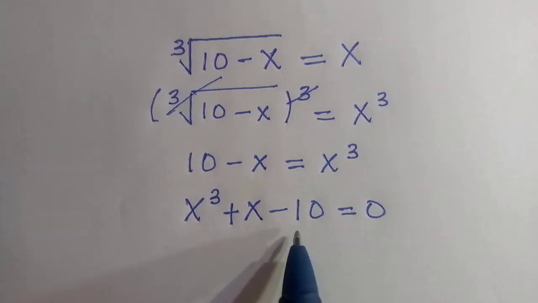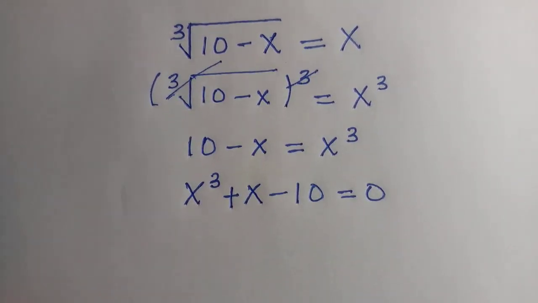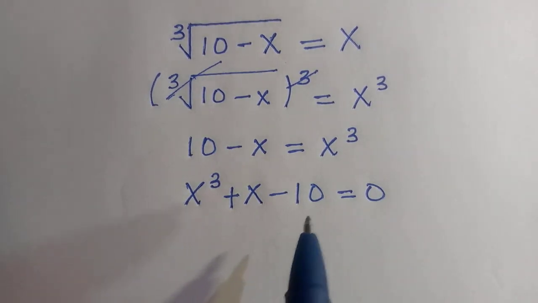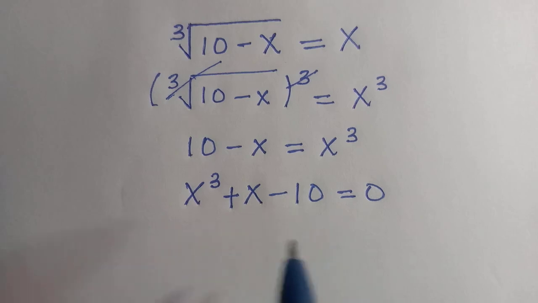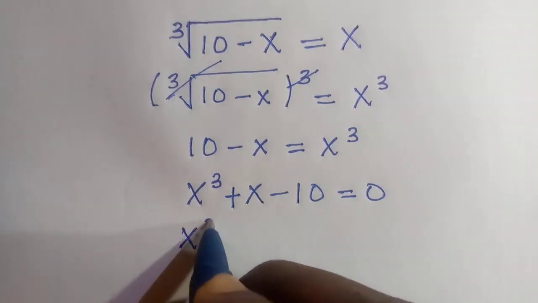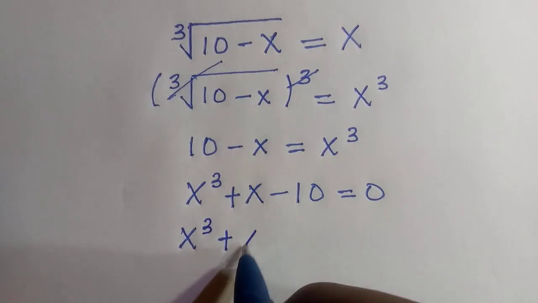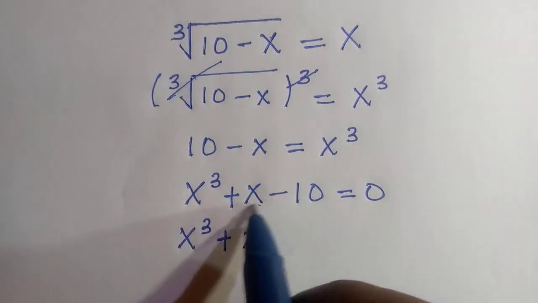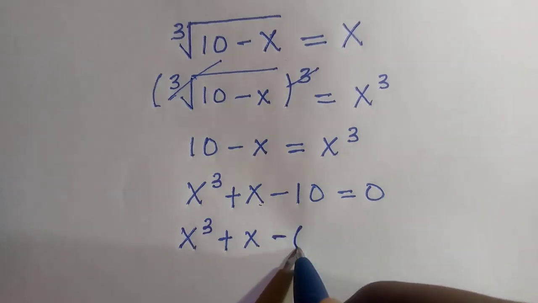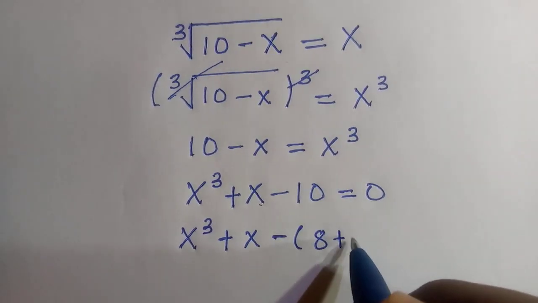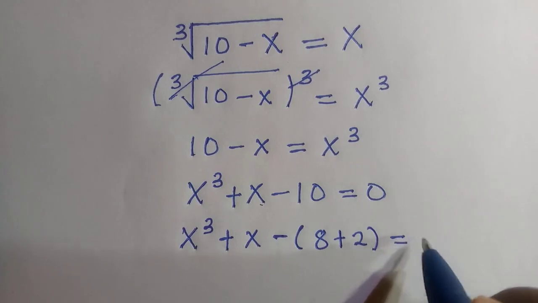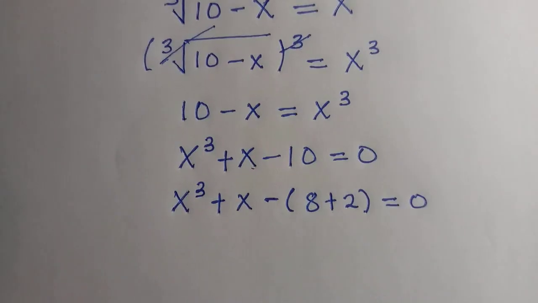We form cube root equations. The next thing we do is break this down: we have x to the power 3 plus x, and we break it into minus open bracket 8 plus 2 equals 0.